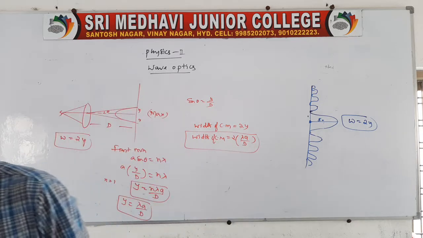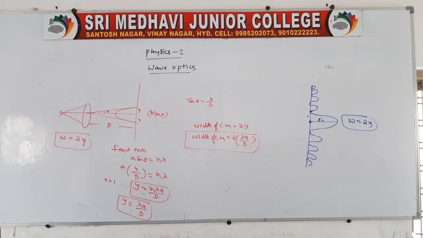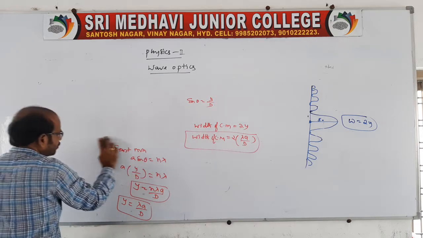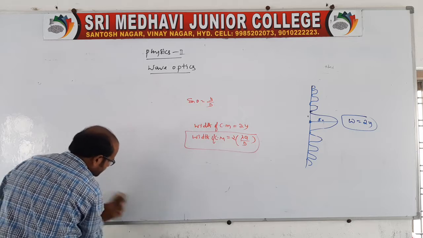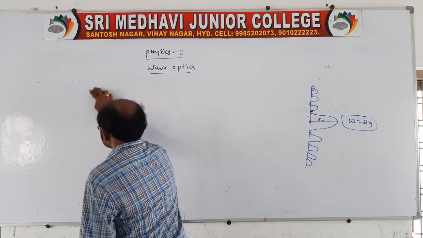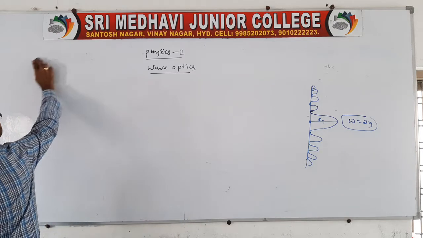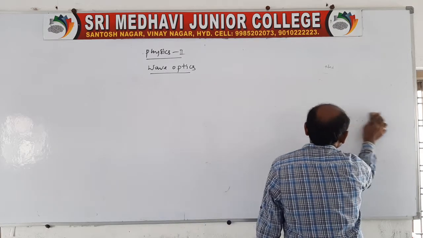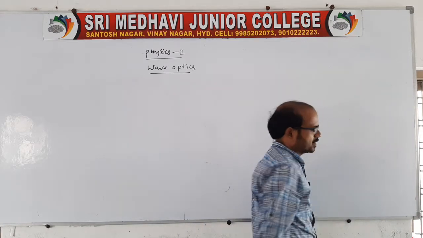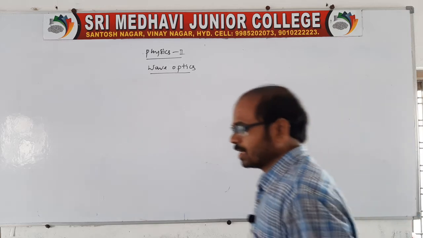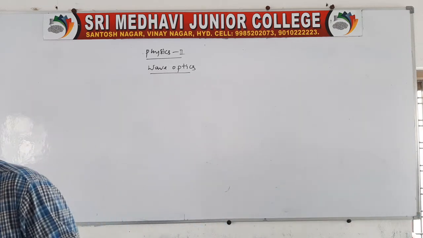You remember resolving power of an optical instrument, but before looking into that, we have two optical instruments, already discussed in the previous chapter: one is the microscope and another is the telescope. Already we finished all the magnifications, but this is not related to magnification. I would like to tell you about resolving power.